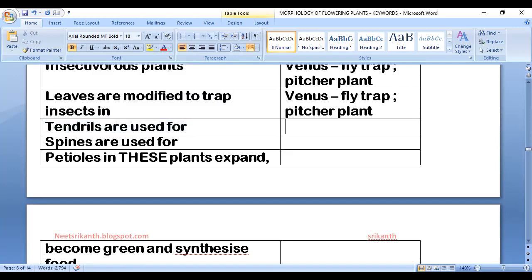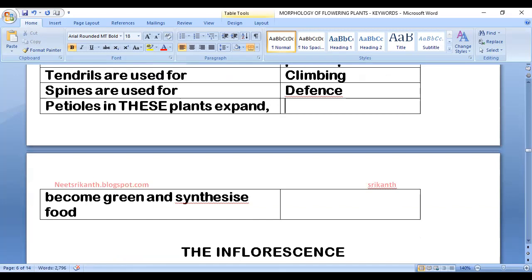Tendrils are used for climbing. Spines are used for defense. Petioles of this plant expand, become green and synthesize food in Australian acacia.